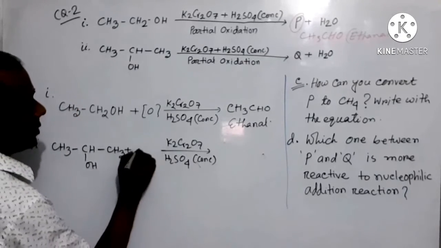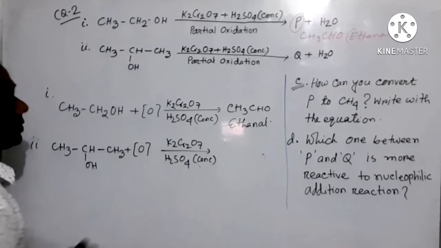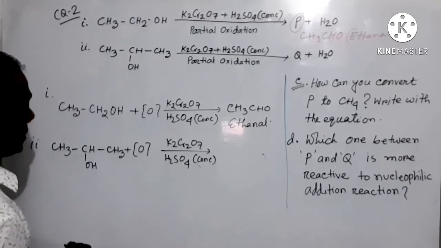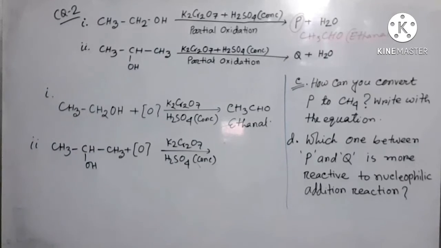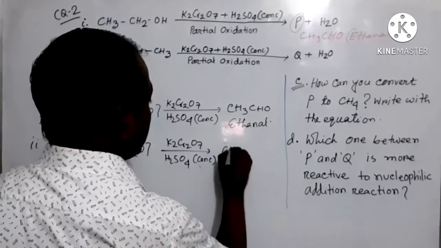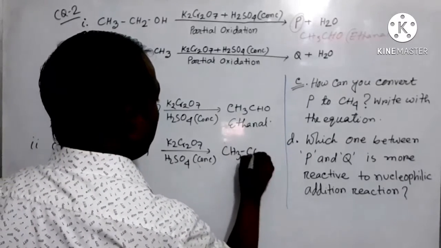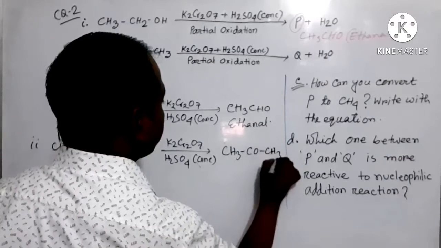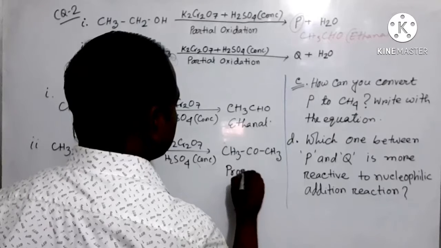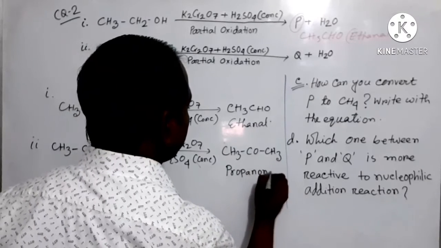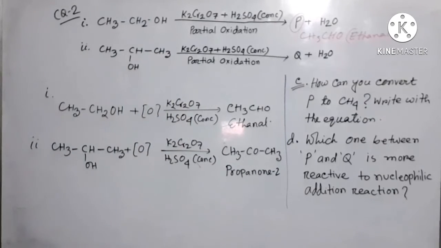We get nascent oxygen from here because partial oxidation occurs, and in this reaction we get CH3COCH3, that means propanone-2.